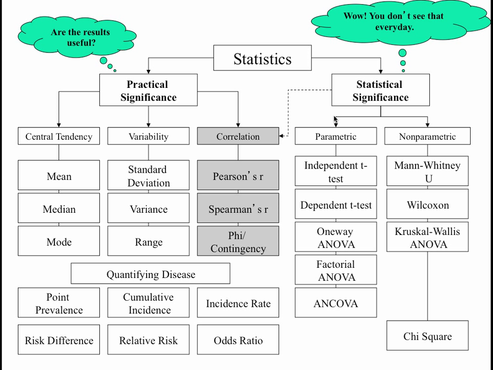Now, of course, this reverts back to the discussion that we had previously, which was that that's only one piece of the puzzle. When we see that, we also need to make sure all the other components of the research process were conducted properly and so on. So we have these two branches of statistics.